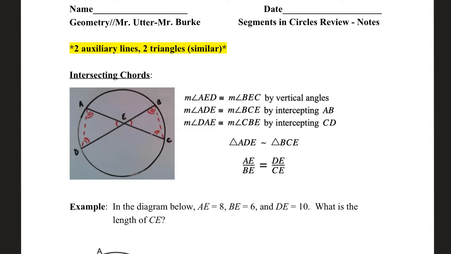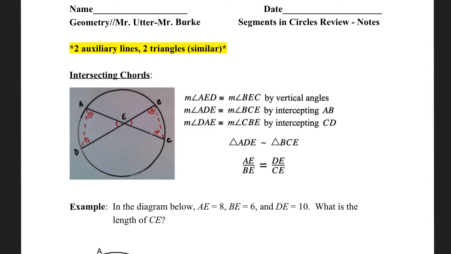So now we have two similar triangles, and that's how we get our proportion right here. Segments AE and EB are corresponding to each other, and DE and EC are corresponding to each other. Remember that the corresponding sides go on the same fraction.